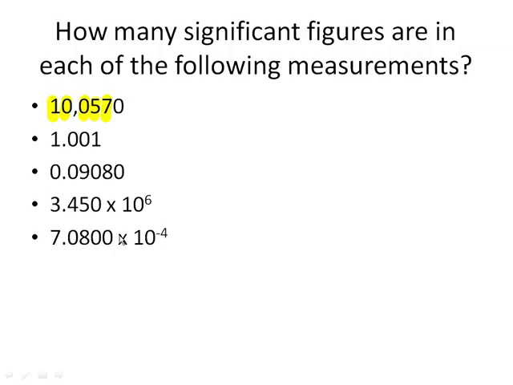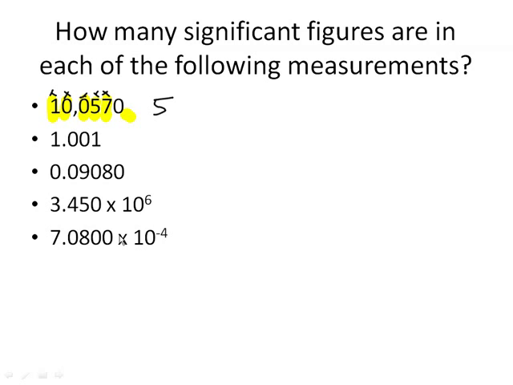Notice that they are sandwiched in between the 1 and the 5, which means that they're sandwich zeros. And sandwich zeros, if you recall, always count. This 0 down here at the end of the number after the 7, there's no decimal point. So that tells us that the significant figures are here, here, here, here, and here, and not that last 0. So that would be 5 sig figs.